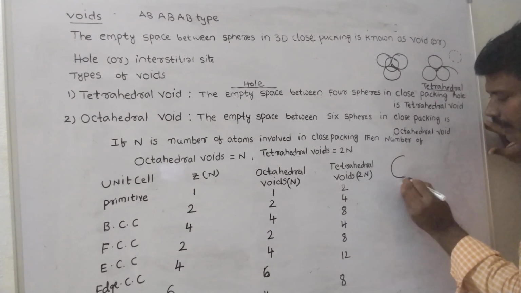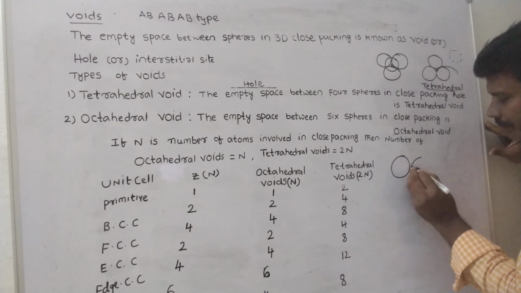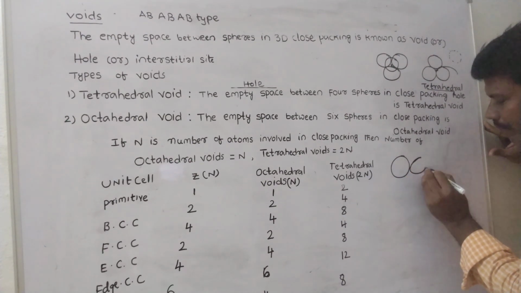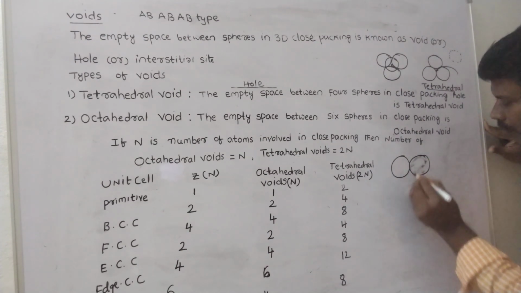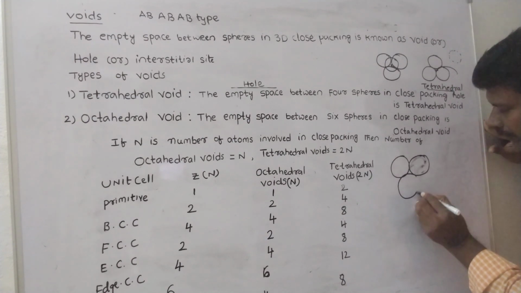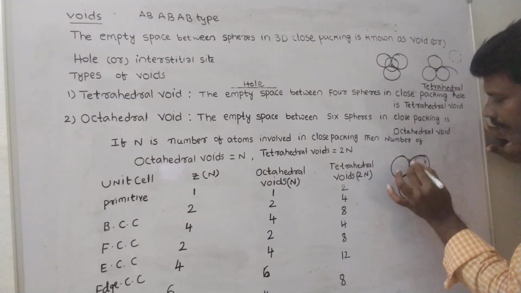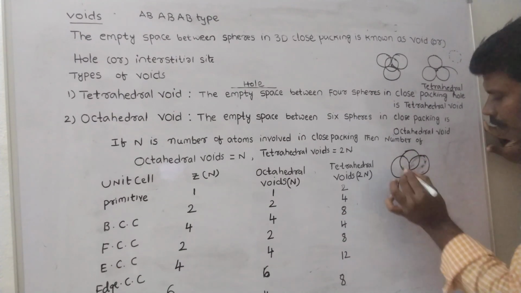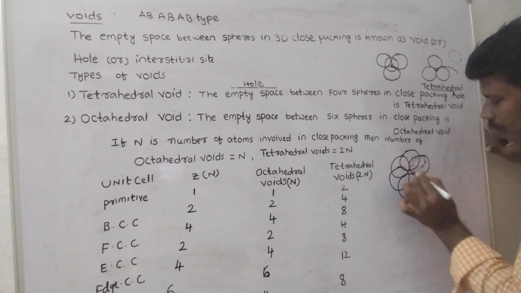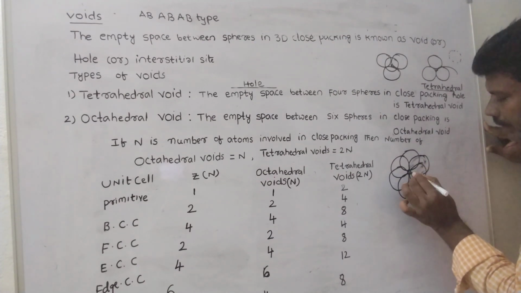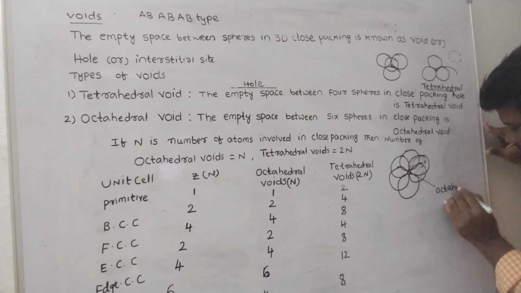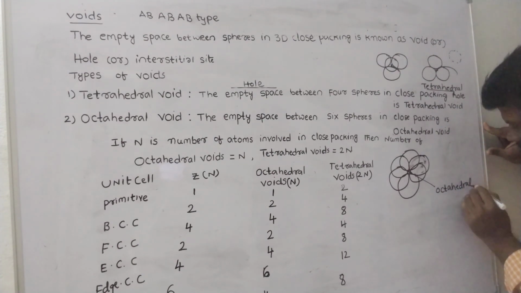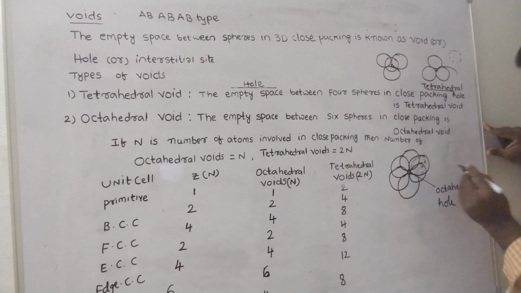So the three spheres in one layer and the three other spheres in another layer. This is the empty space. The empty space is known as an octahedral hole.